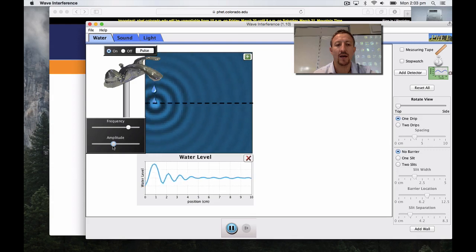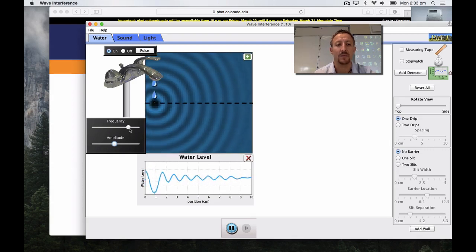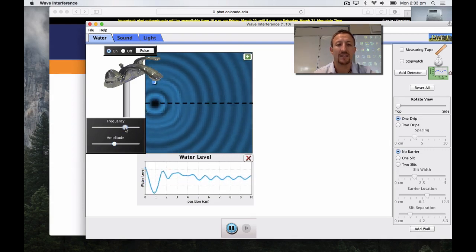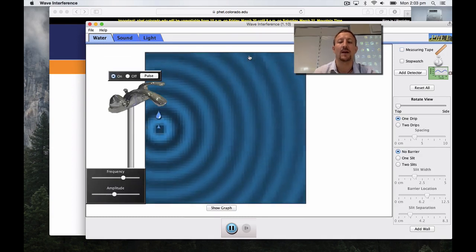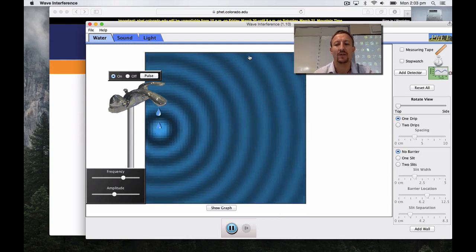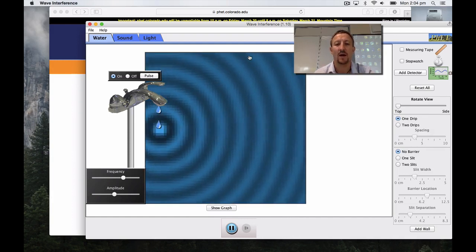I'm going to work with a wave around about half speed, and a frequency of approximately three-quarters. The first thing we're going to do is see what happens when we add a straight barrier and look at the effects. You can see I've got some nice, decent wave fronts coming.